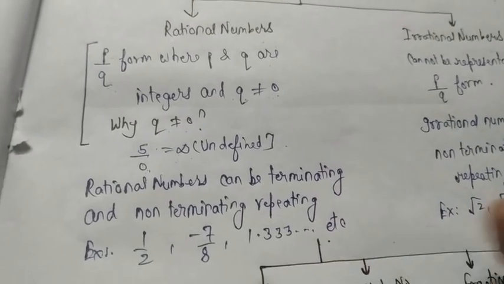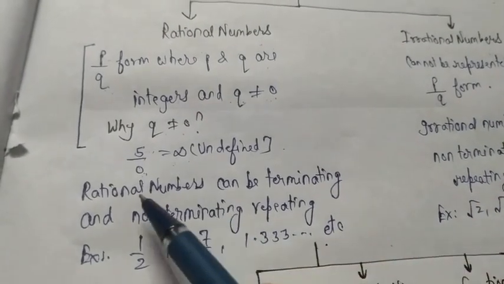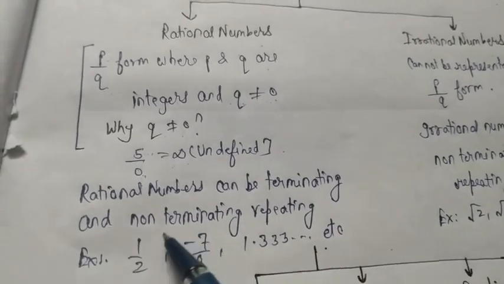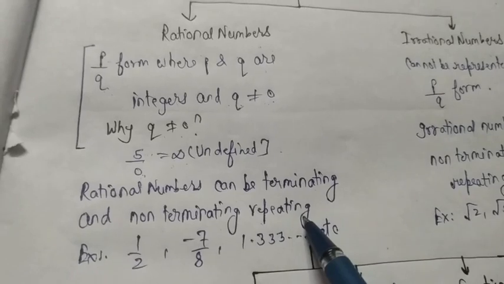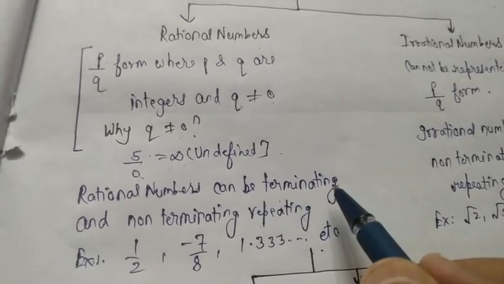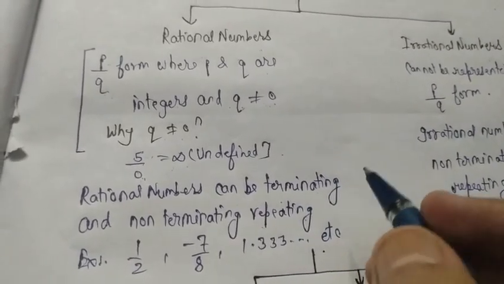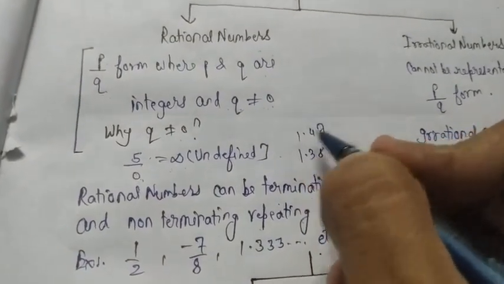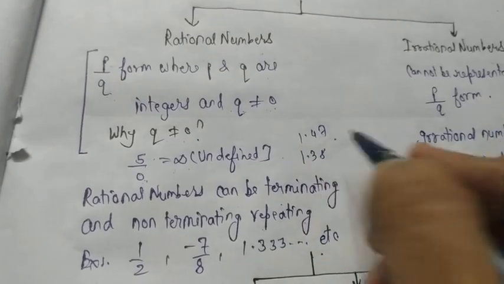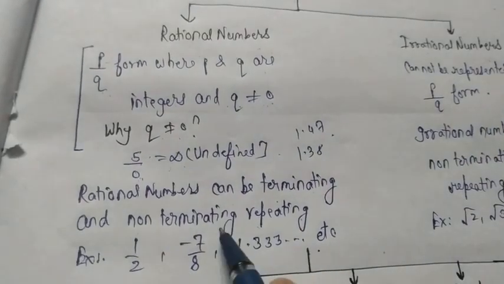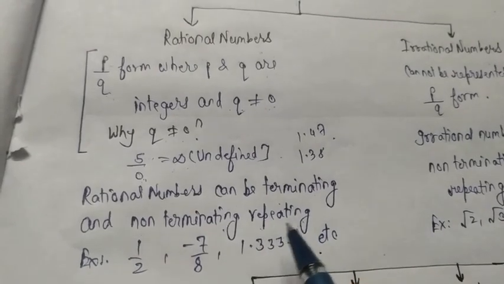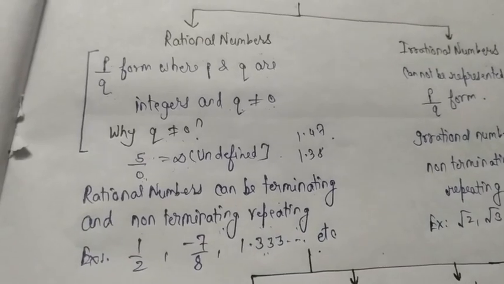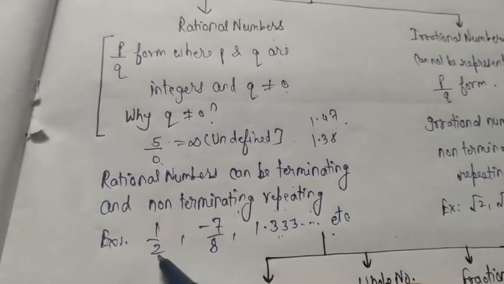Now let us recall some properties of rational numbers. Rational numbers can be terminating and non-terminating repeating. Means a rational number can terminate after some decimal point like 1.35, 1.47. This number is fully finished. And what is the meaning of non-terminating repeating? Means after the decimal a particular digit will repeat up to infinite times. See, 1 by 2 is a rational number.